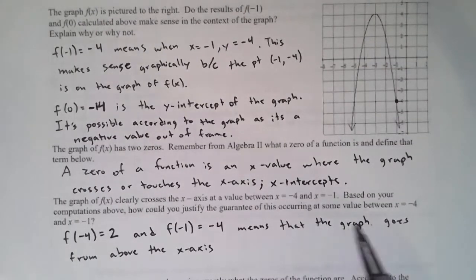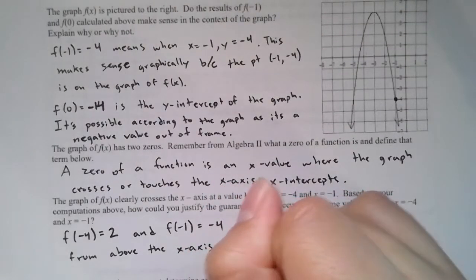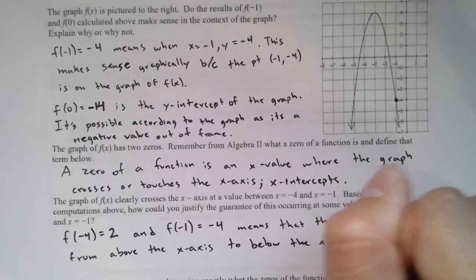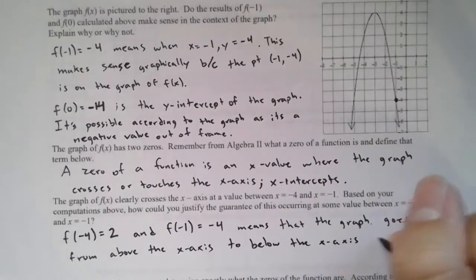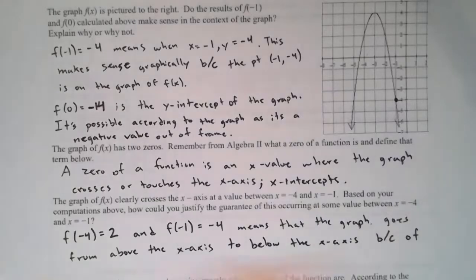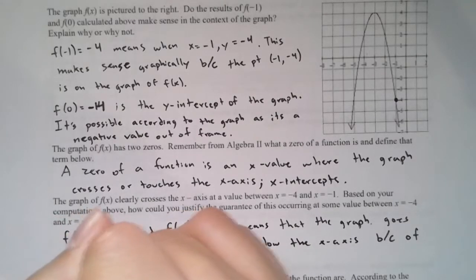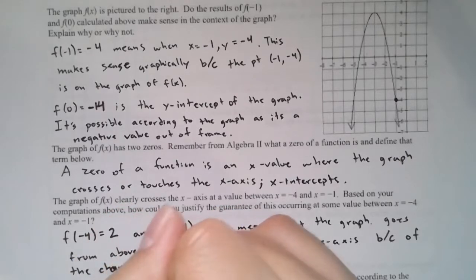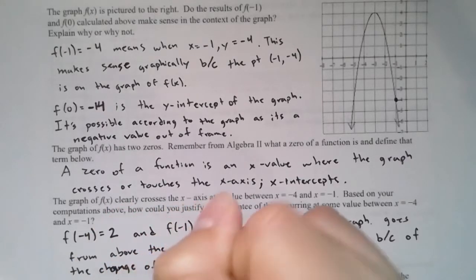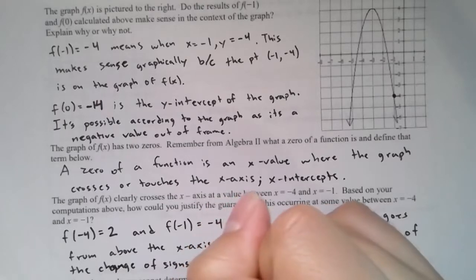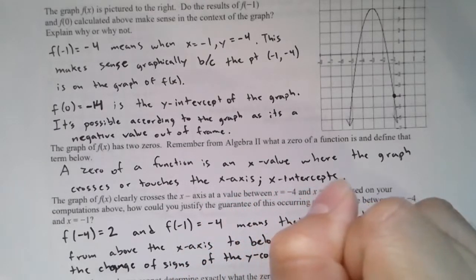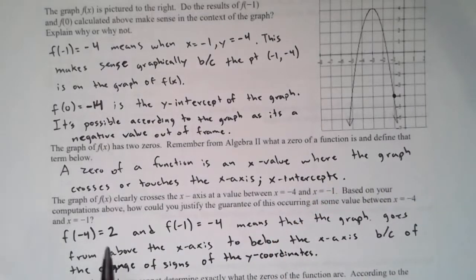So the graph goes from above the x-axis to below the x-axis because of the change of signs of the y-coordinates, the y values, the 2 and the -4.